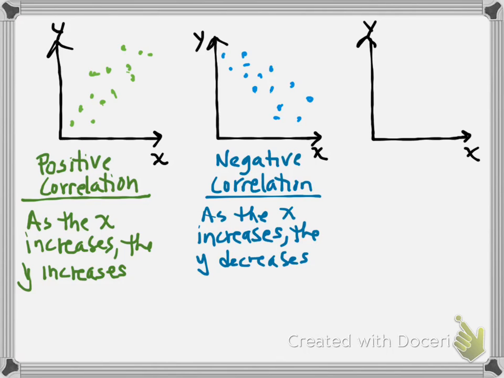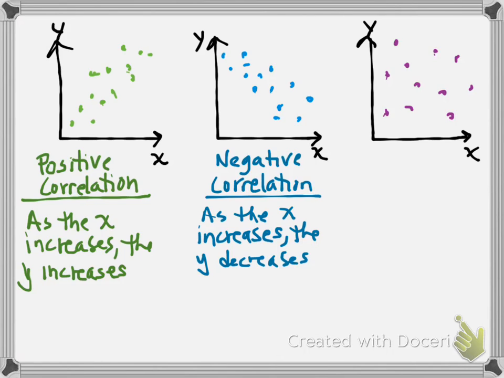And then we have the last one, which feels like my brain. What kind of correlation would we say this has? Yeah, there's nothing. It's just a cloud of dots all over the place.